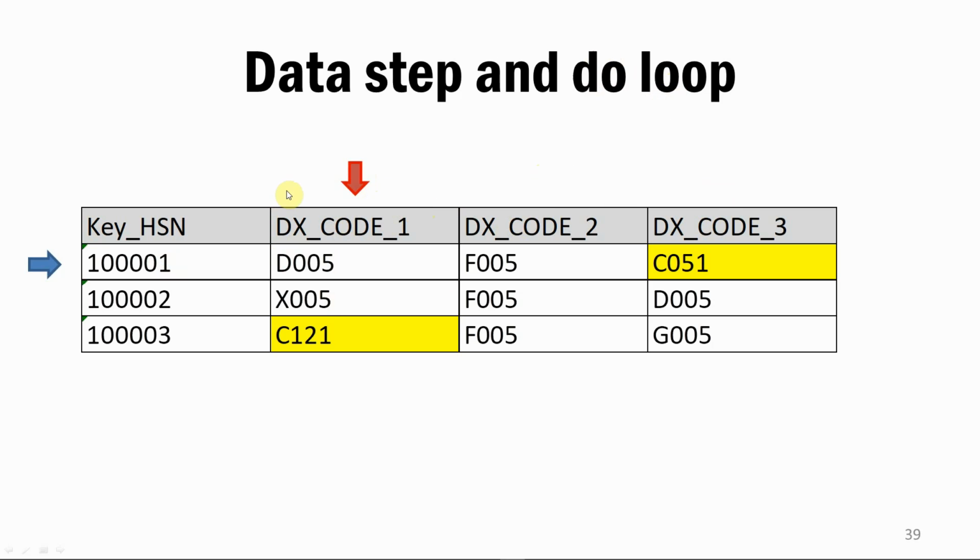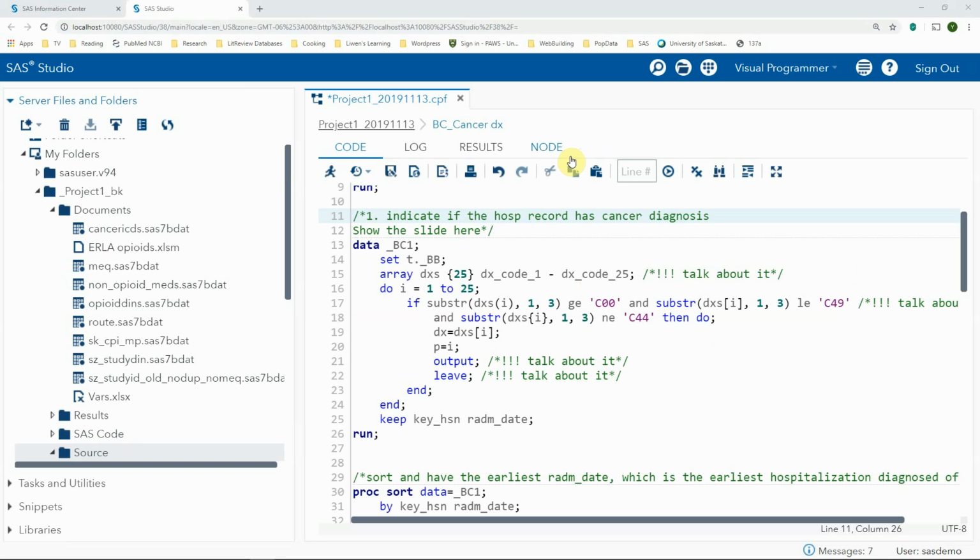That's exactly what we want here, because we want to iterate across the 25 columns, and each time check whether that code is related to a cancer diagnosis or not. If so, we do something. If not, we carry on. That is the concept of the do loop across different columns within the same row.